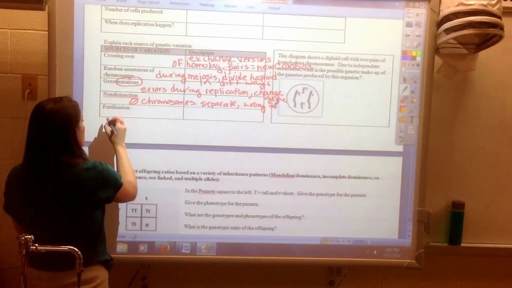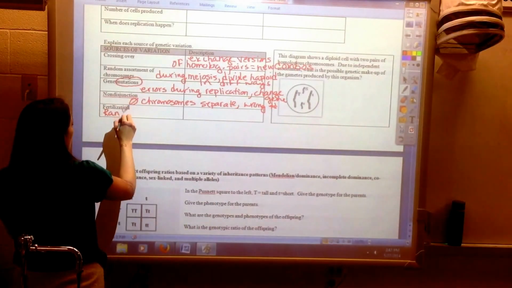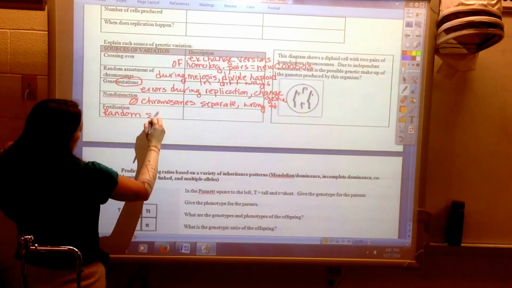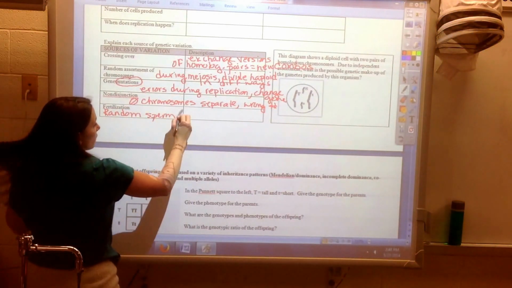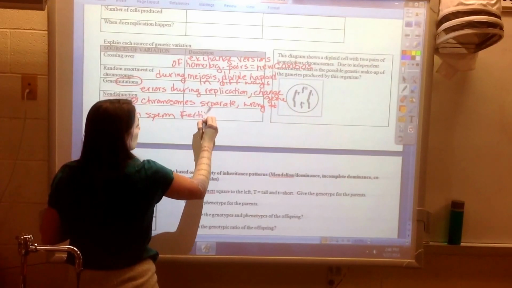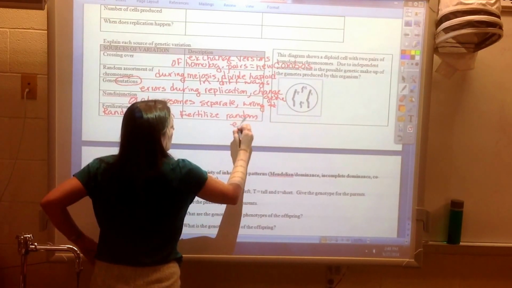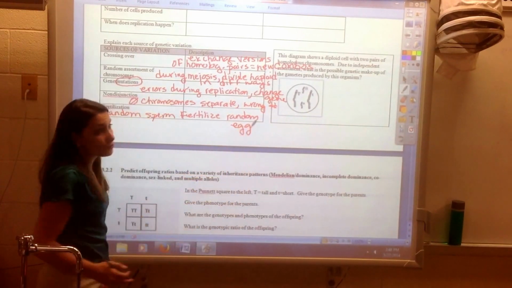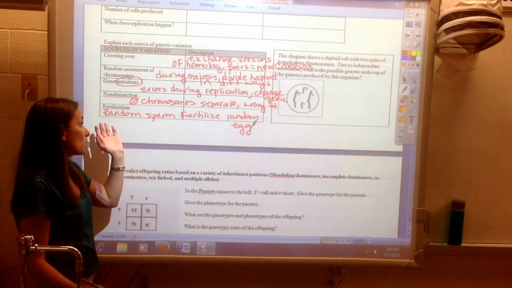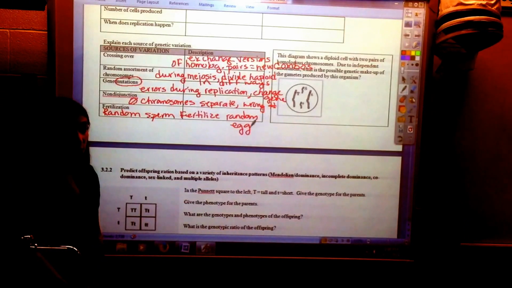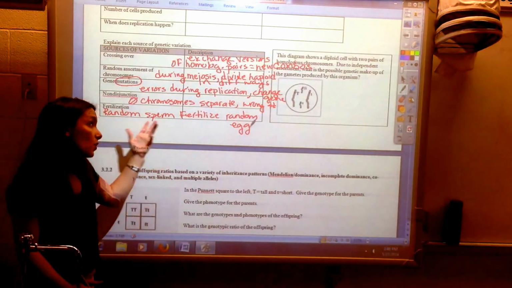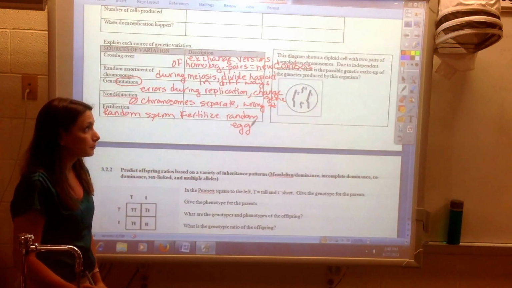And then fertilization, this should be what we call random fertilization, because a random sperm can fertilize a random egg. A woman will make hundreds of different types of eggs, and a man will make hundreds of different types of sperm, and we don't know which one is going to fertilize the egg.